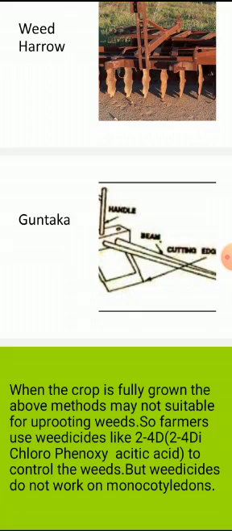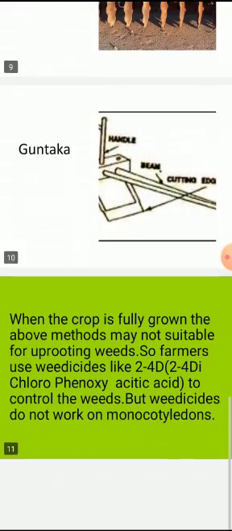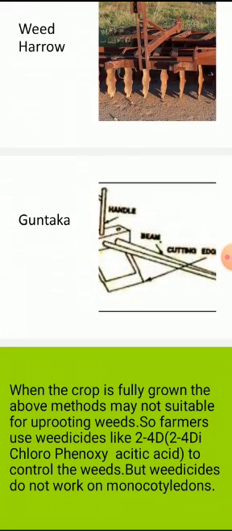To control the weeds the farmers use weedicides, for example 2,4-D. 2,4-D means 2,4-dichlorophenoxyacetic acid. It is an example of a weedicide to control weeds, but weedicides do not work on monocotyledons.